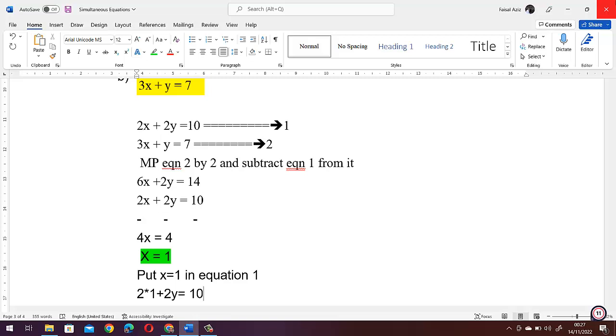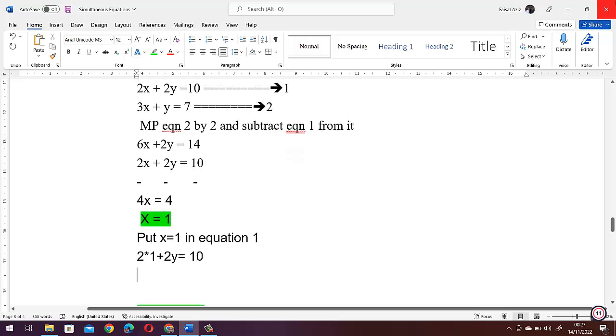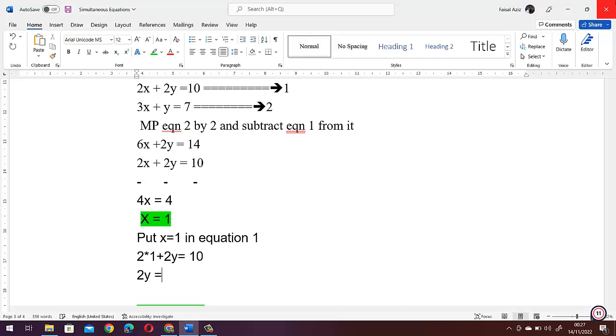So the 2, when it goes to the other side, will become minus: 2y will be equal to 10 minus 2, and y will be equal to 8 upon 2, and finally we will get the value of y equal to 4.